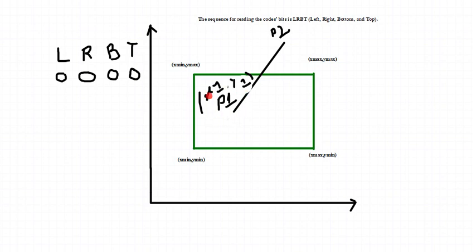Point P1 is lying inside the clipping window and it has LRBT code 0000. From this we can conclude that for any point which lies inside the clipping window, it will have all zeros as LRBT code.